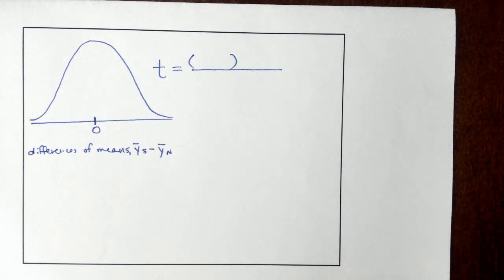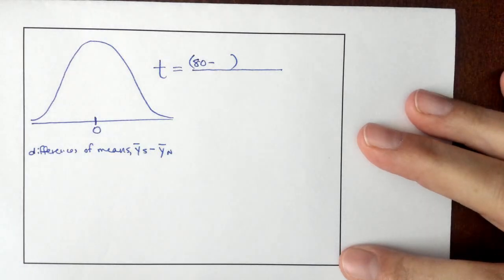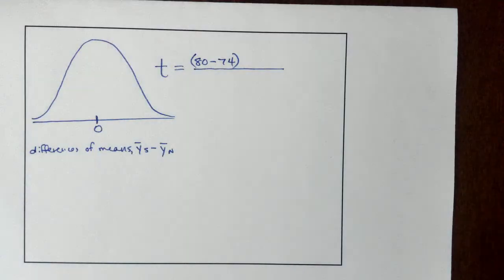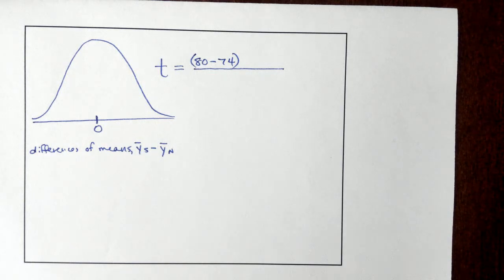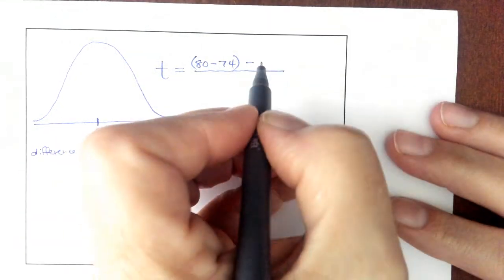If I go back and look at the original problem, the smokers had a mean pulse rate of 80 beats per minute, and the non-smokers had a resting pulse rate of 74 beats per minute. So that's the observed difference in averages, minus the expected difference, which is 0.